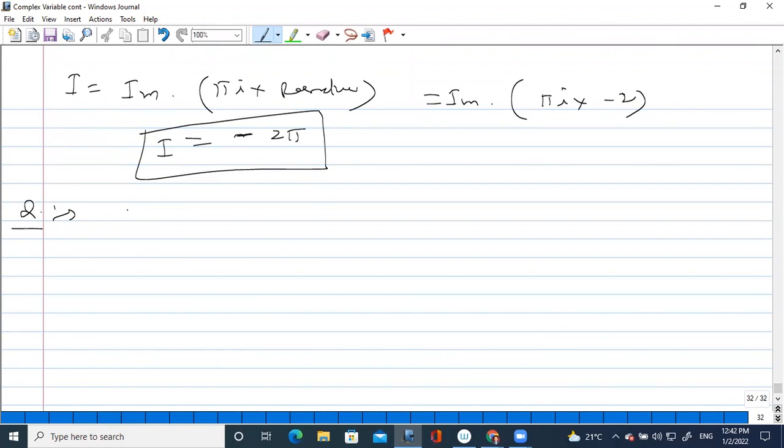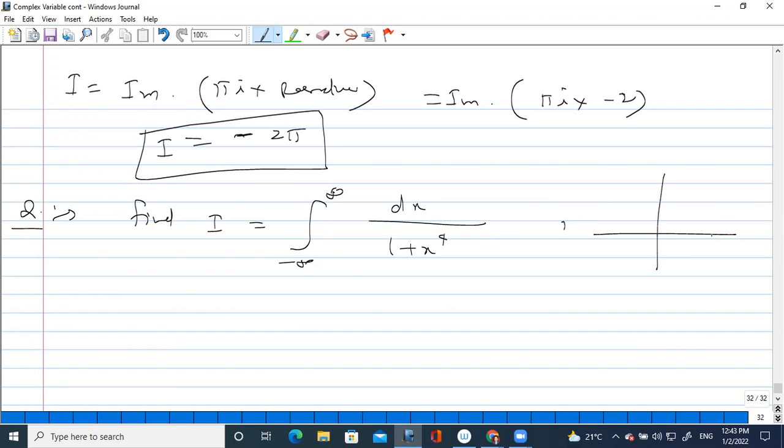Question is, find the integral from minus infinity to infinity dx upon 1 plus x to the power 4. Okay. And I know that my contour is this much only, what I have discussed. Minus R to R, imaginary and real axis.